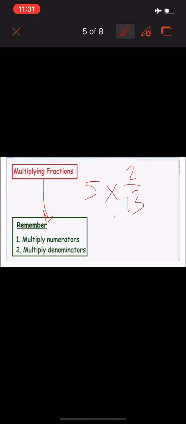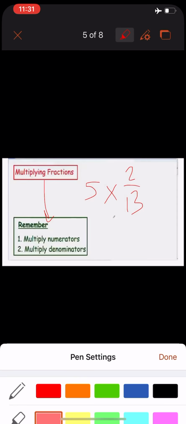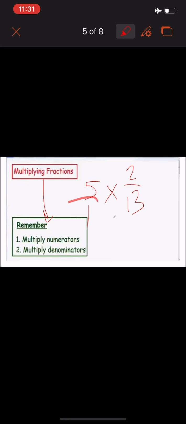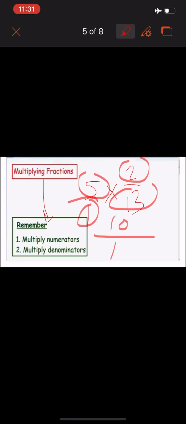So how we multiply this? We will follow the same steps. We will just put the whole number on a denominator of 1 to make it as a fraction. Then I will have both fractions. So 5 times 2 is 10. 1 times 13 is 13. So this is my fraction.